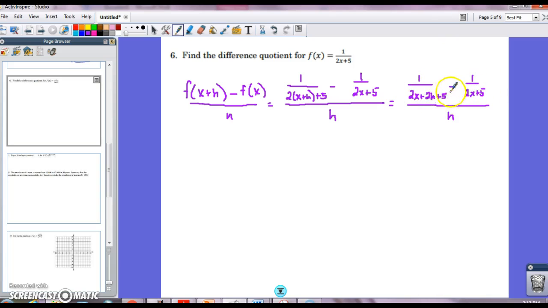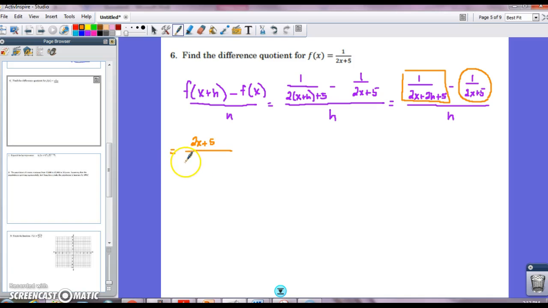So what I need to do is multiply this fraction here by 2x plus 5 over 2x plus 5, and then this one here by this denominator over this denominator. So when I do that, I end up with 2x plus 5. Remember, I'm trying to get a common denominator so that I can combine all of that into one fraction.